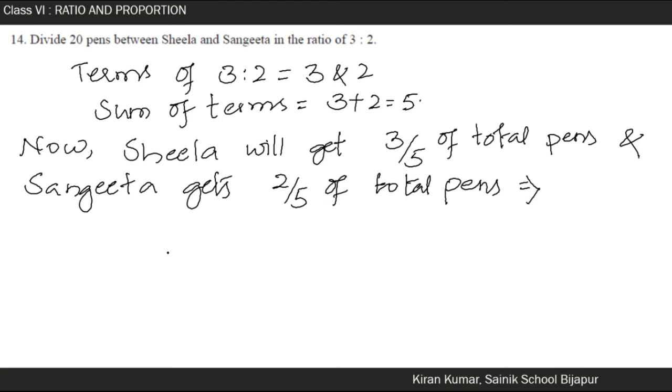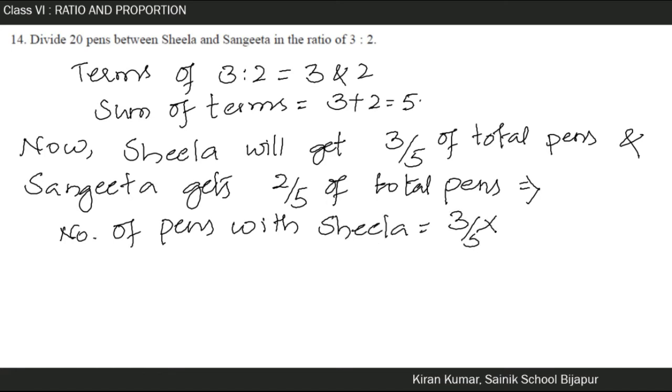This implies that the number of pens with Sheila will be 3 by 5 of the total, which is 20 pens, so we get it as 12.